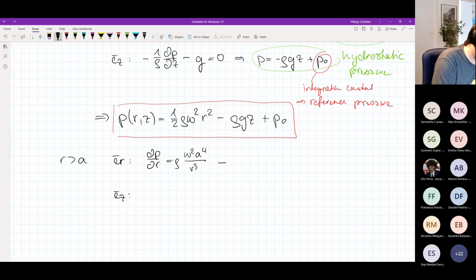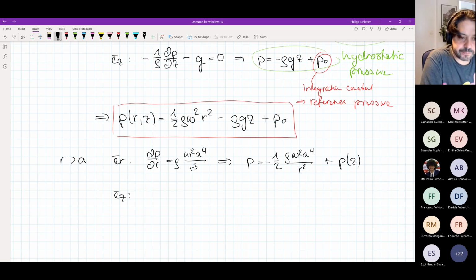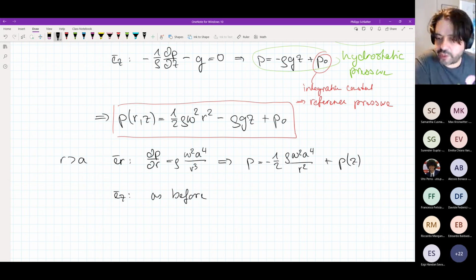And if I integrate that, the radial dependence of the pressure is minus 1/2 rho omega squared A to the 4 divided by R squared plus a pressure as a function of Z. And the e_z equation is actually exactly the same as before because the velocity doesn't go in, so it's actually just the same hydrostatic pressure.